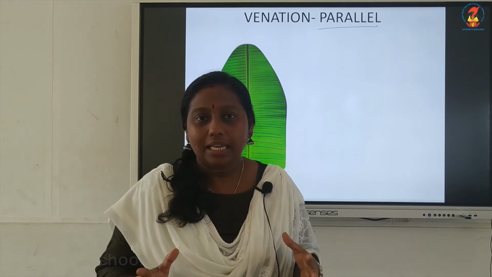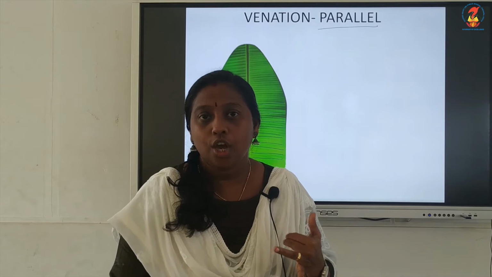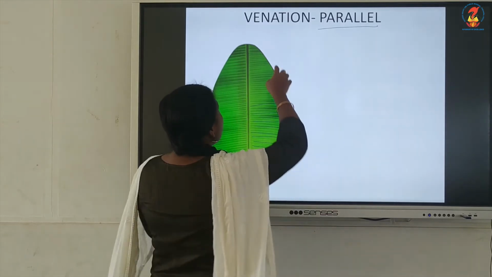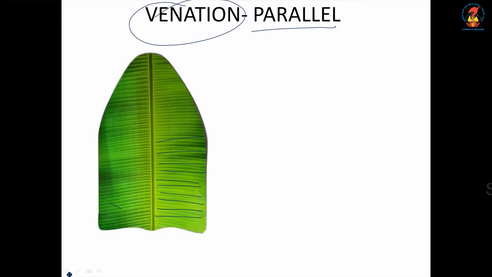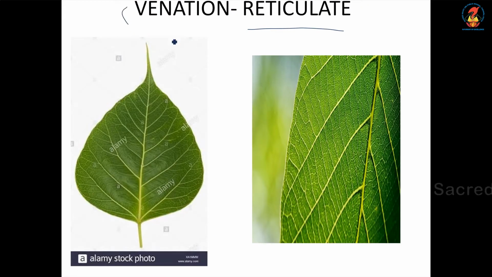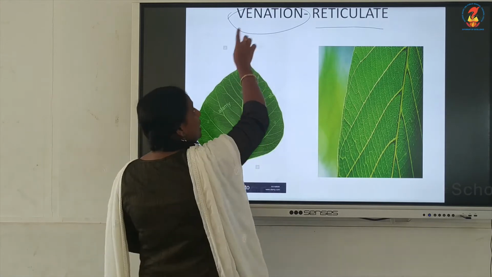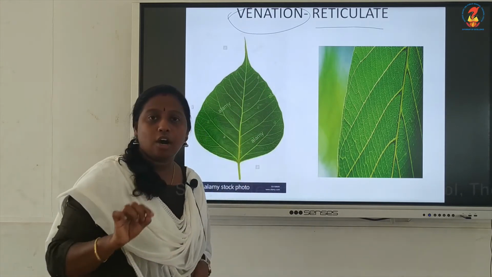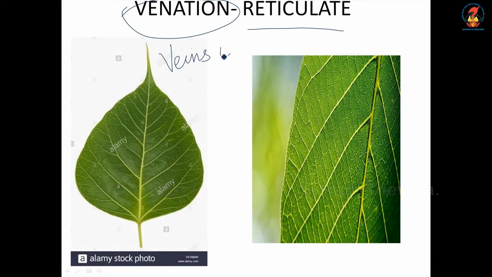Actually this parallel and reticulate arrangement, you call them as venation of a leaf. Venation. So, what do you mean by venation? Venation means it is the arrangement of veins on a leaf.